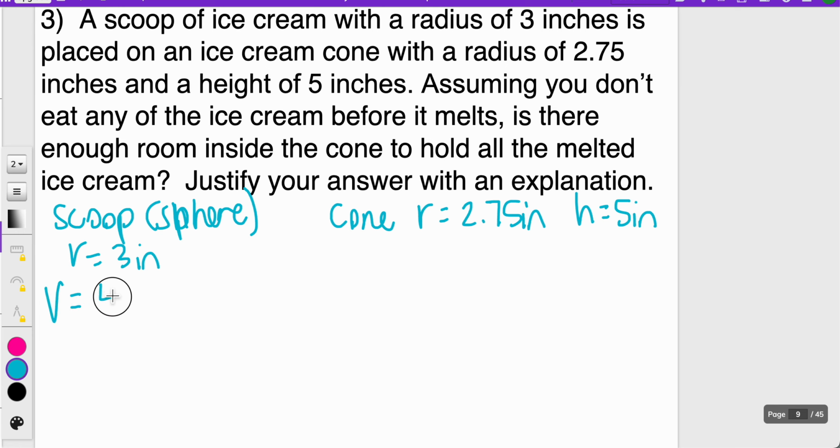Volume of a sphere can be done by taking 4 times pi times radius cubed and then dividing by 3. So 4 times pi times radius cubed is 27, and then dividing by 3, I'm getting about 113.04 cubic inches.